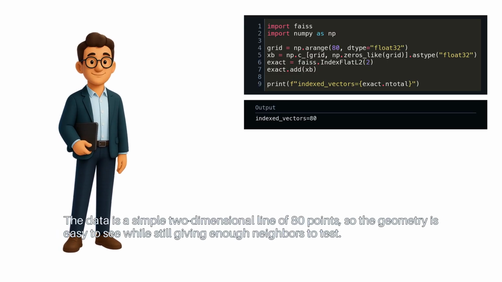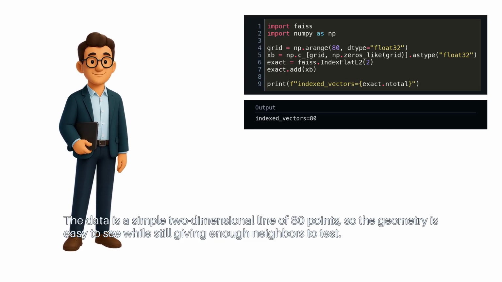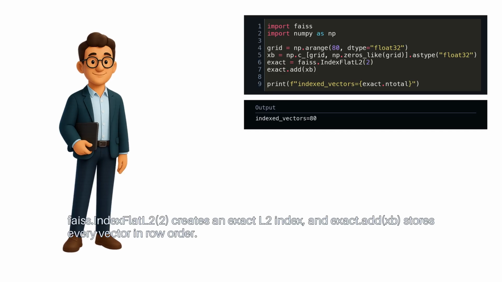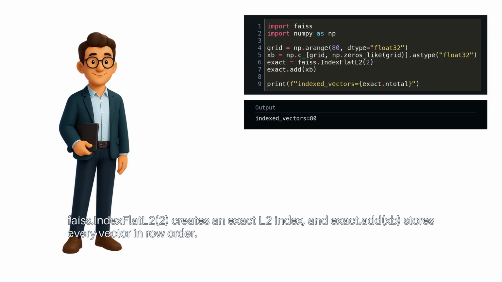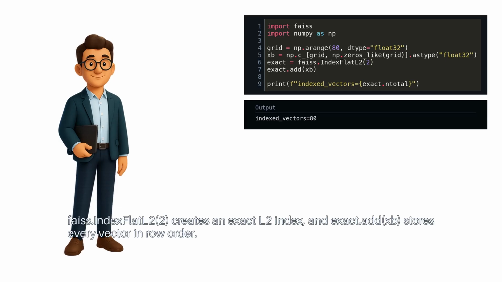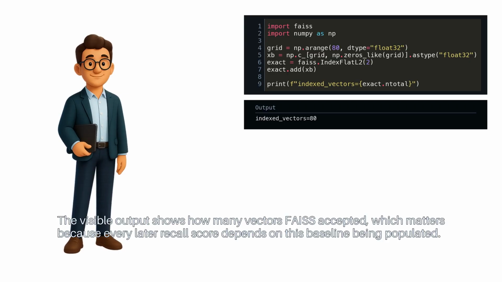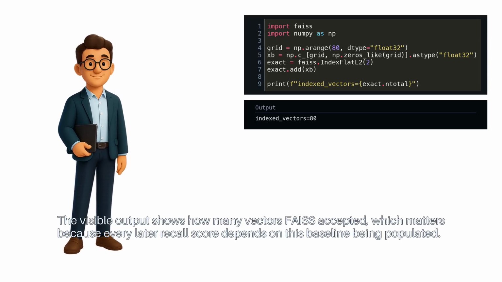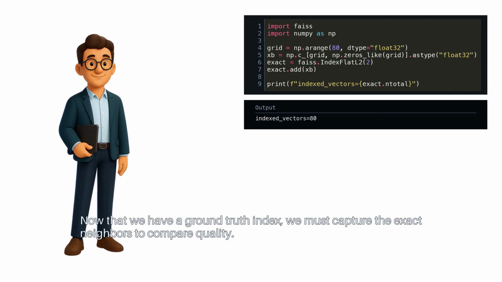The data is a simple two-dimensional line of 80 points, so the geometry is easy to see while still giving enough neighbors to test. faiss.IndexFlatL2 creates an exact L2 index, and exact.add(xb) stores every vector in row order. The visible output shows how many vectors FAISS accepted, which matters because every later recall score depends on this baseline being populated. Now that we have a ground truth index, we must capture the exact neighbors to compare quality.